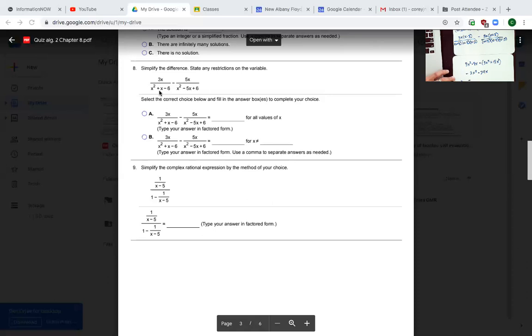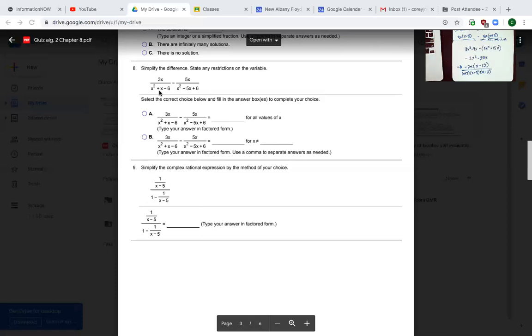So negative 2x times the quantity x plus 12 over my denominator, which again was x plus 3 times x minus 3 times x minus 2. So that answers part A. Sorry, it's a little bit off the screen there.